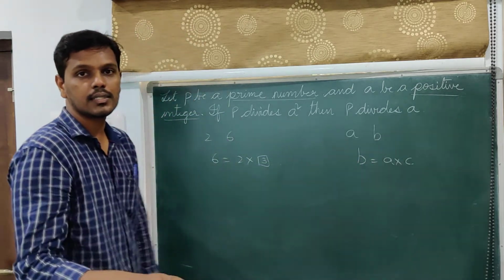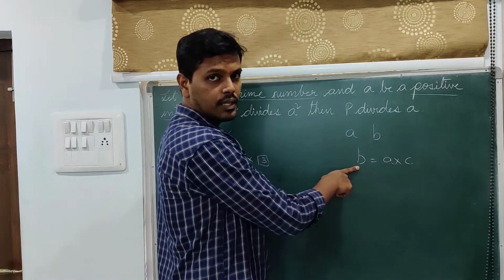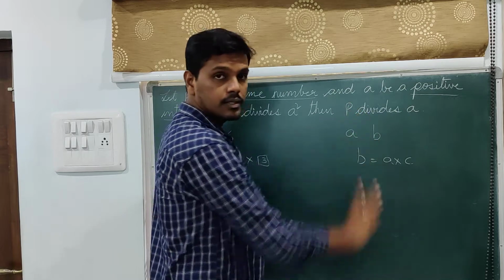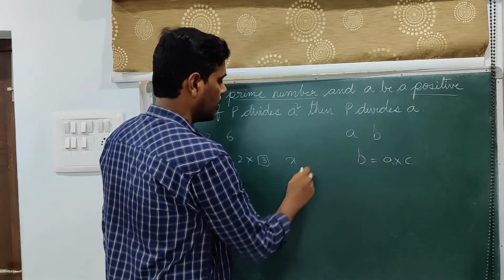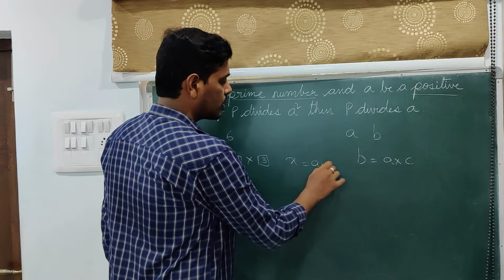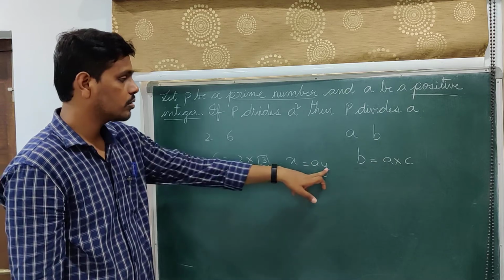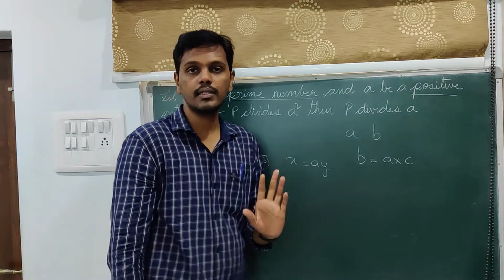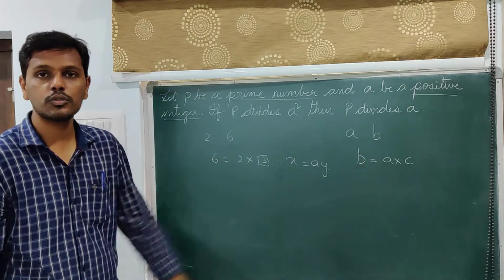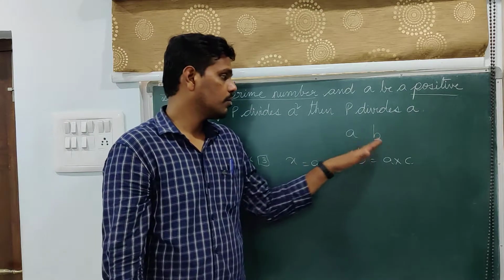For example, if X is equal to AY, then we say that A divides X, or you can also say that Y divides X. That is, there should be an integer such that the product of those two gives you the required number. Then we say that one number divides the other.